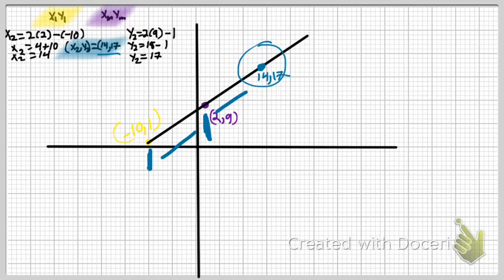There's another way to check this, and that is to use slope. Rise over run. We can go from -10, 1, up a certain amount and over a certain amount.